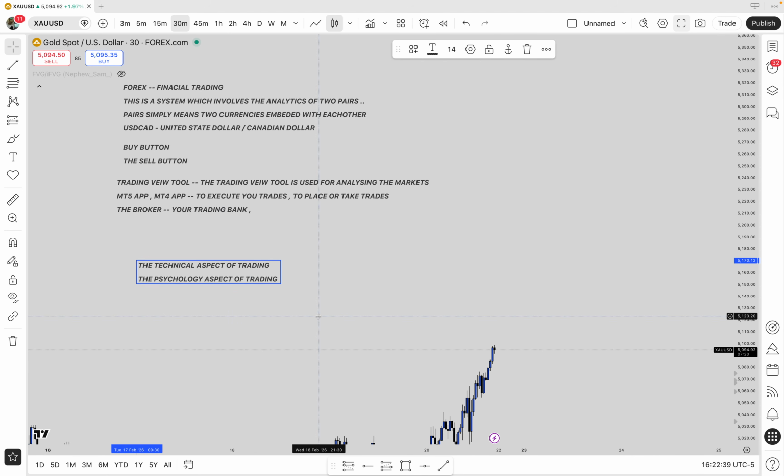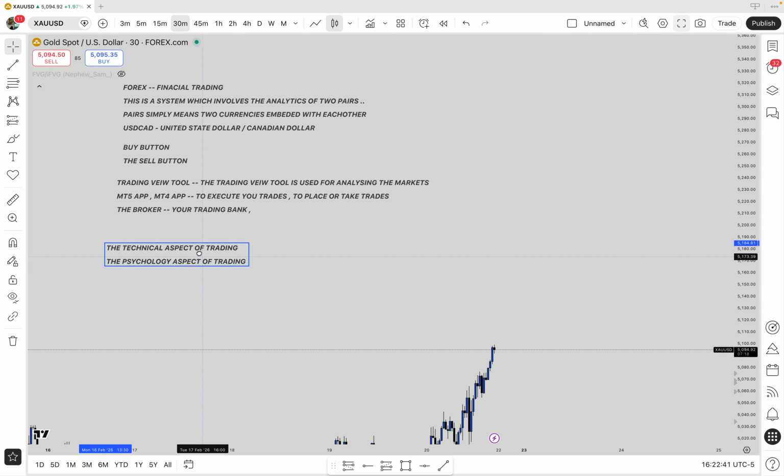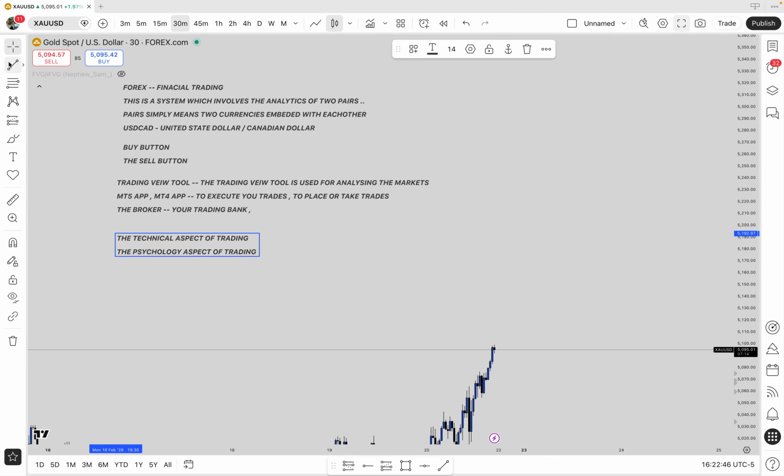Now, as a trader, these two aspects are really essential. You really need to be very skilled as a trader, so you don't start taking unnecessary decisions or unnecessary trades in the market. And you also have to be psychologically stable as a trader.